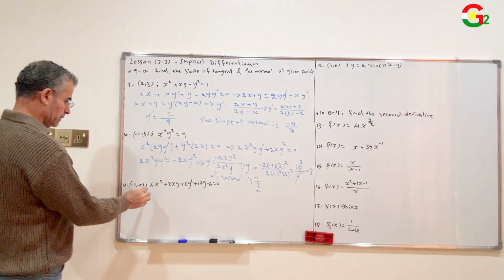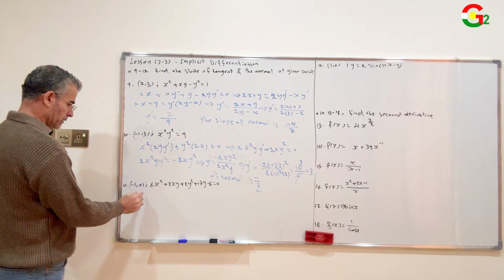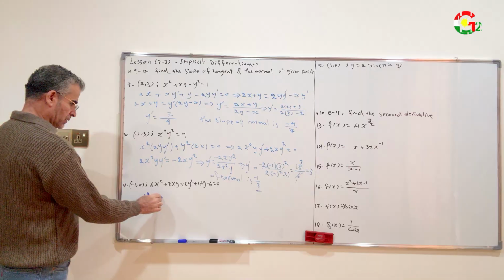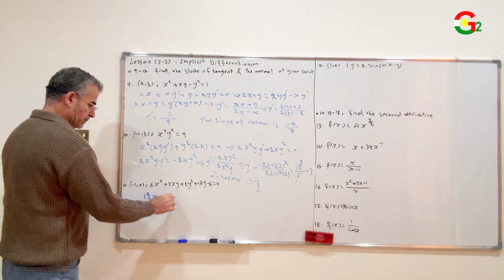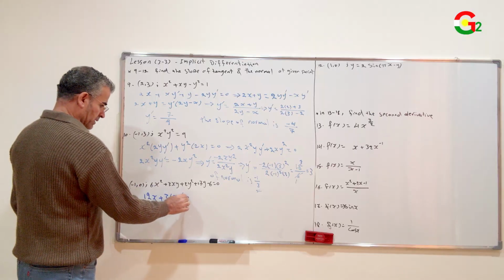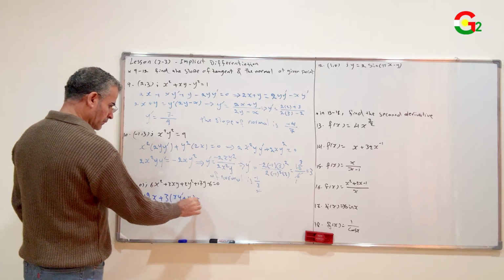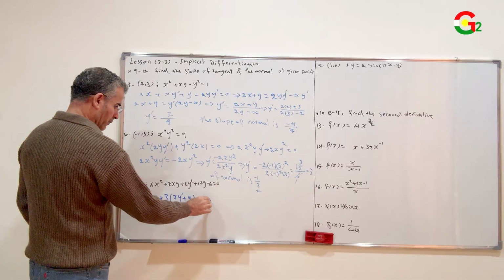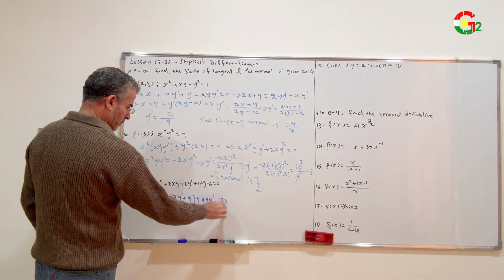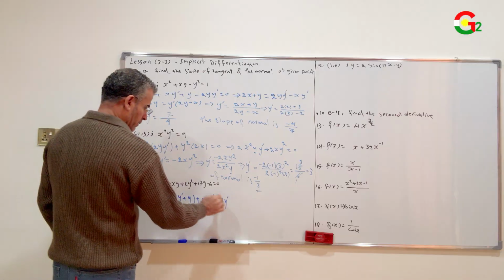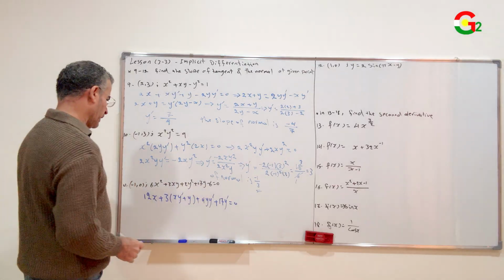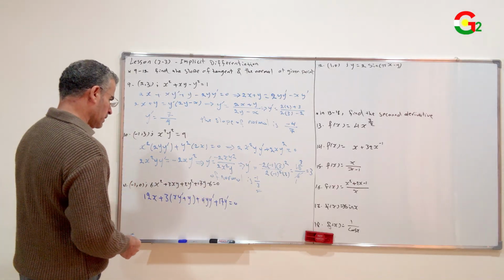11, differentiate both sides with respect to x. 12x plus 3x times y prime plus y plus 4y y prime plus 17 y prime equal 0, since the derivative of negative 6 is 0.